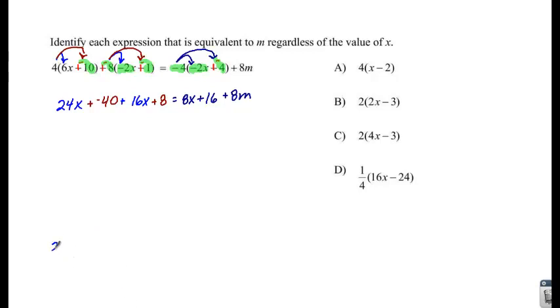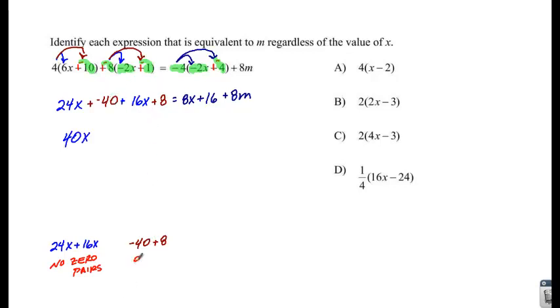We can combine 24x and 16x. Here, no zero pairs. They're both positive, so there are no zero pairs on this, and we get 40x. We can combine negative 40 and positive 8.